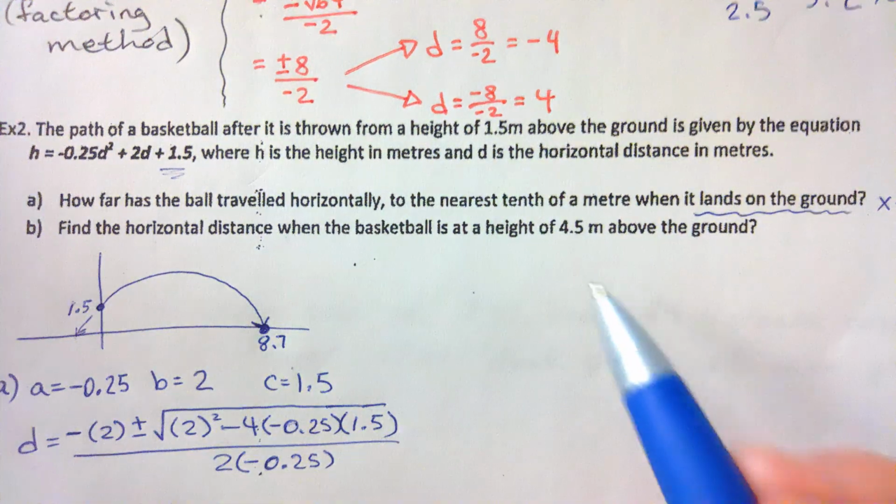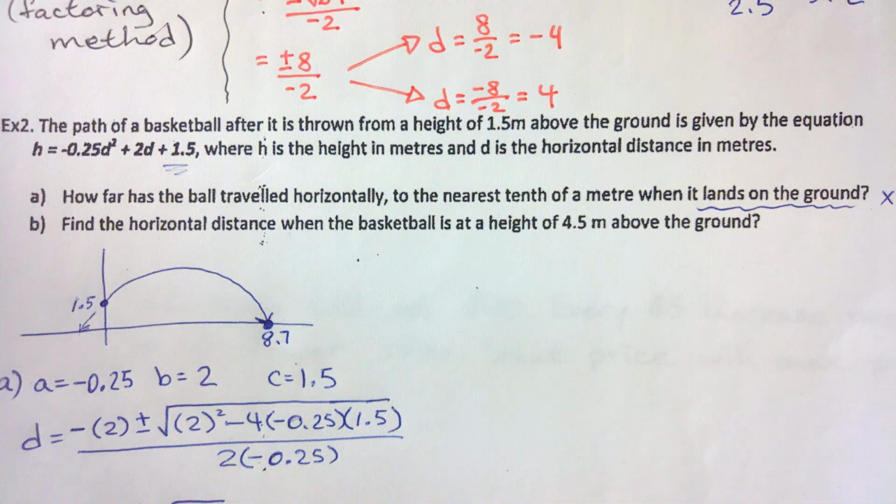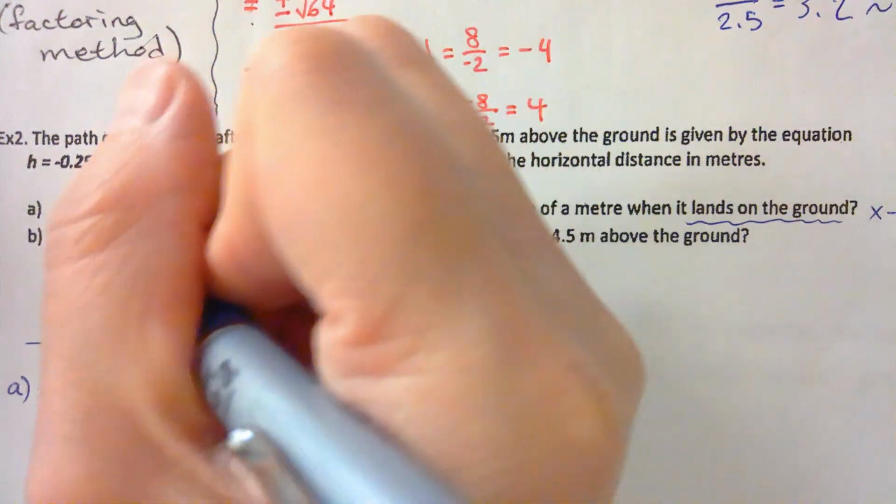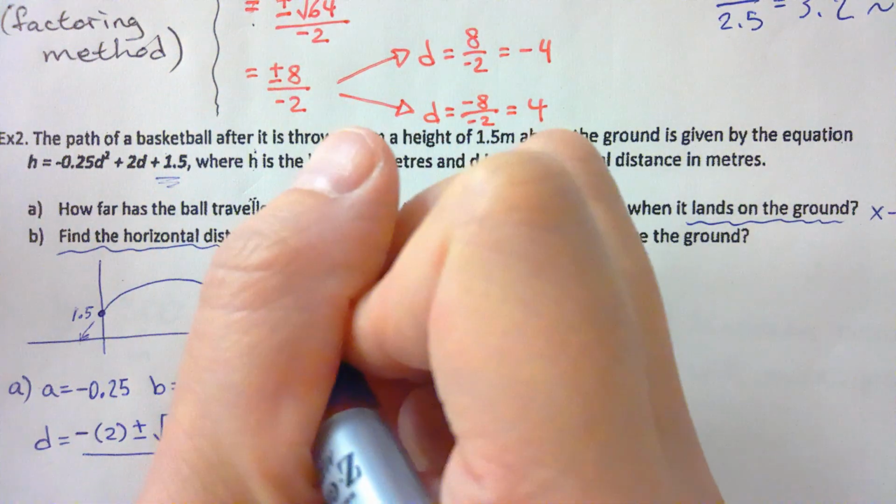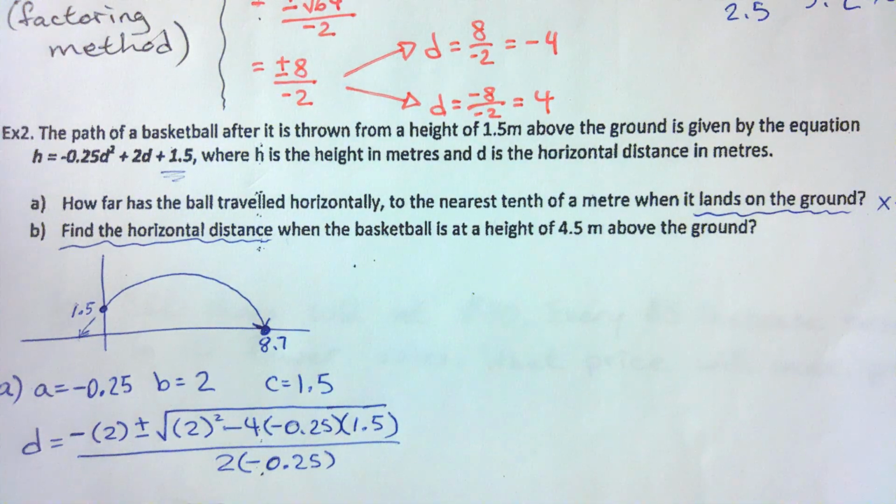Well, I gave you one. We have 4.5. So what are we looking for again? It's not always just solving for vertex. What are we looking for? X. We're still looking for X because see, find the horizontal distance, which represents X.